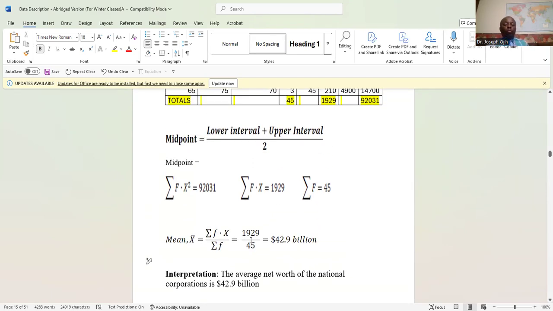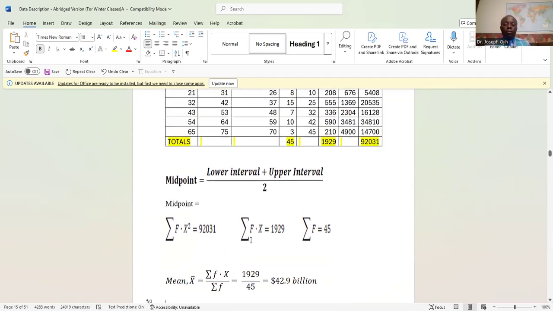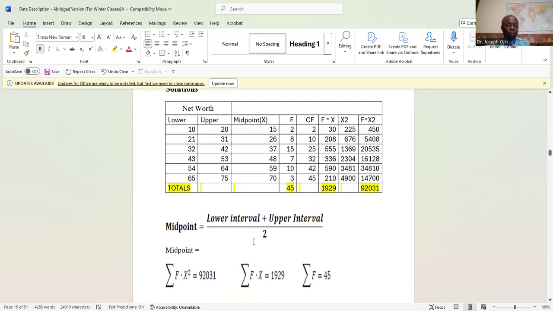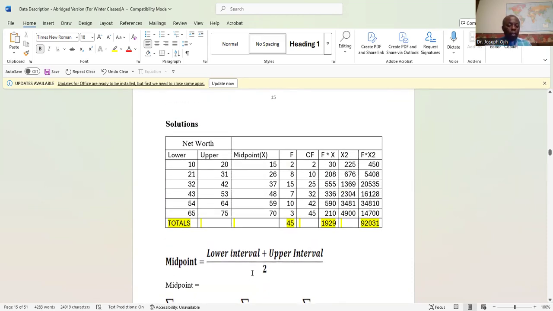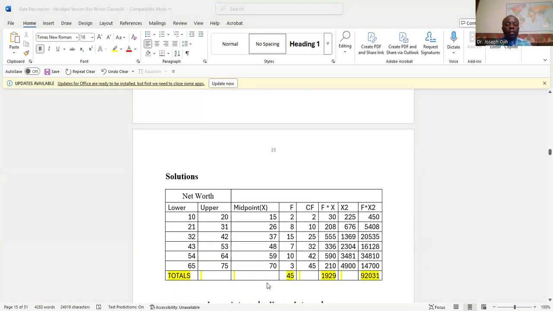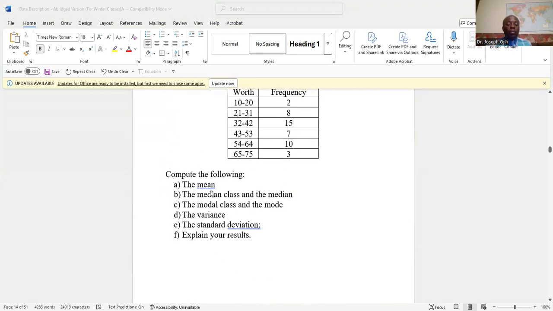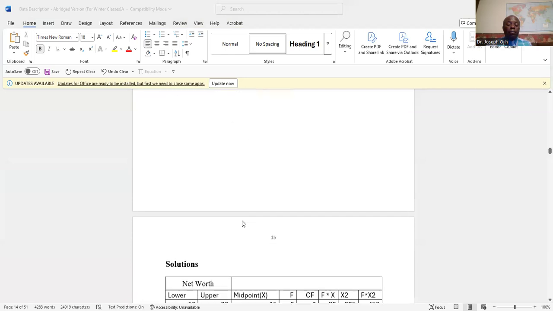Now, does anybody have a question on what I just did? No question, excellent. Next is the median class, and the mean and median.